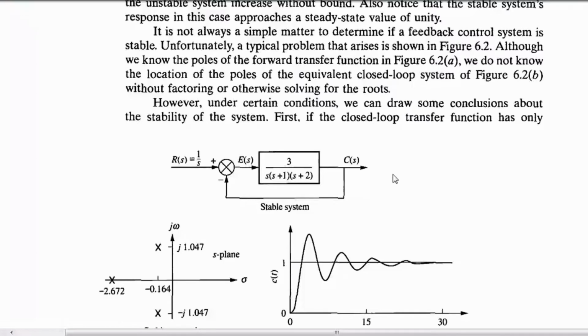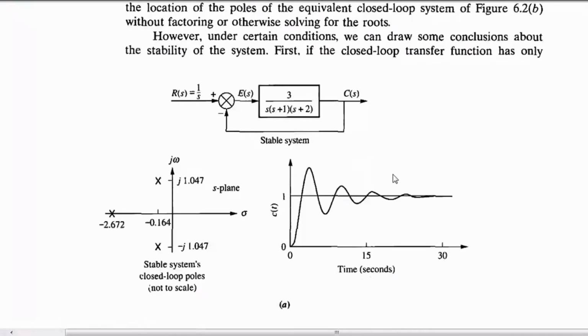Right? So if we solve this system, we will find the locations of the poles. We have 3 poles, right? And there is no zero.